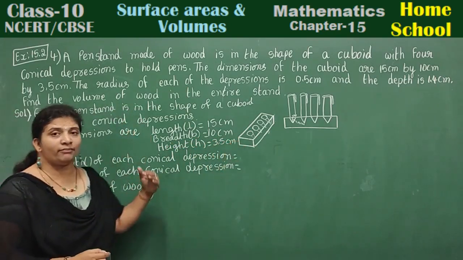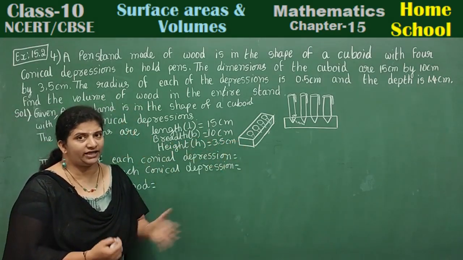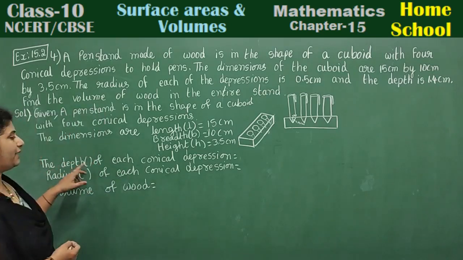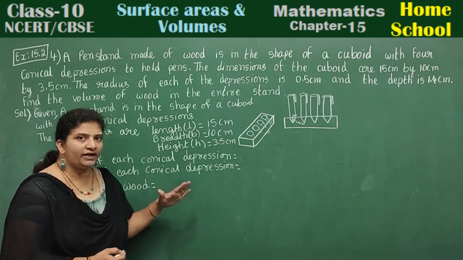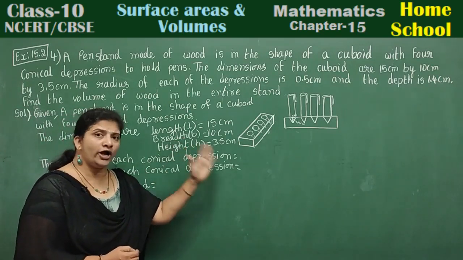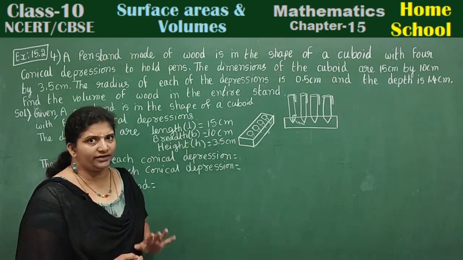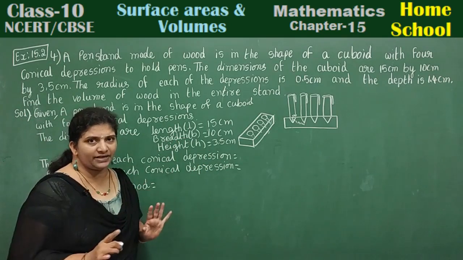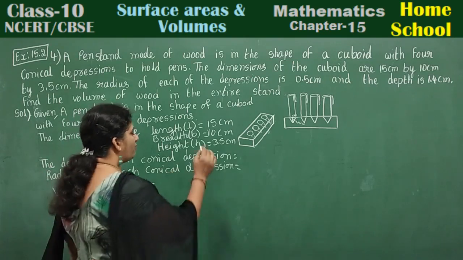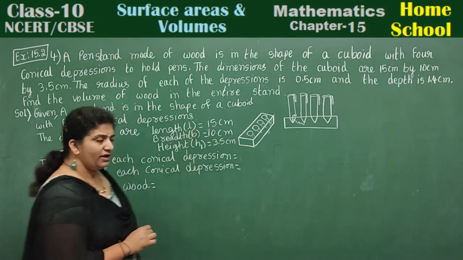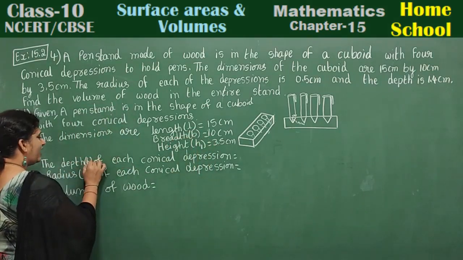And next we talk about the cone measurements, what they have given. The depth means h, height. But here we have cuboid height and cone height. So both are not the same. Both heights are not equal. So we need to mark this as h1 and mark this as h2.